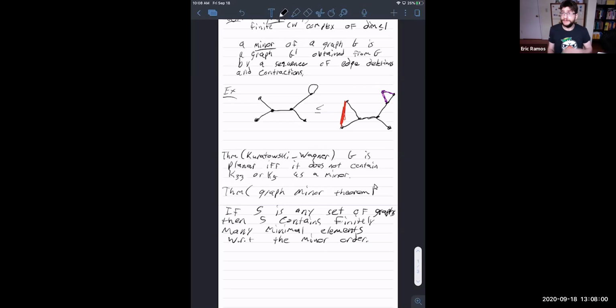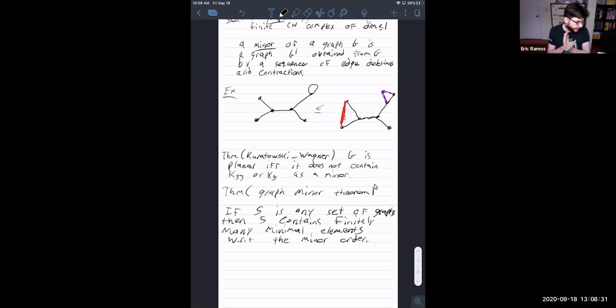With the usual combinatorics of posets, there are a million equivalent ways to state this. For instance, in any infinite collection of graphs, you can always find one which is a minor of another. Or if you take any minor closed property, then there exists a finite list of forbidden minors which characterize it. Kuratowski-Wagner in particular says that there are these two graphs that characterize planarity, and that's general for any minor closed property. So this is the graph minor theorem.